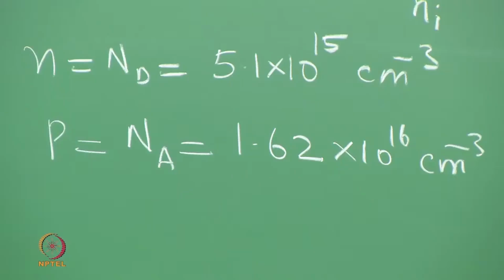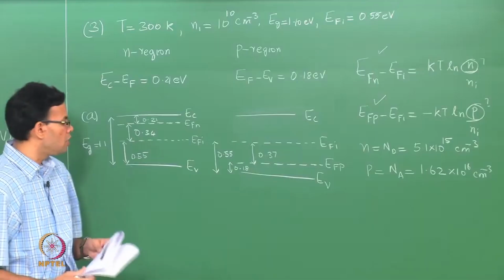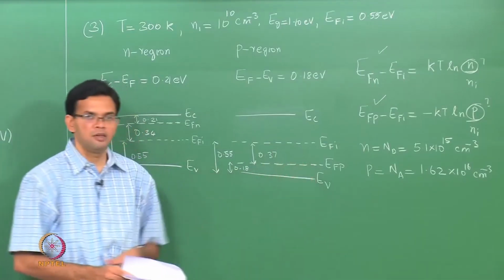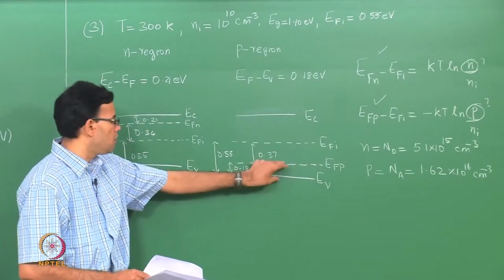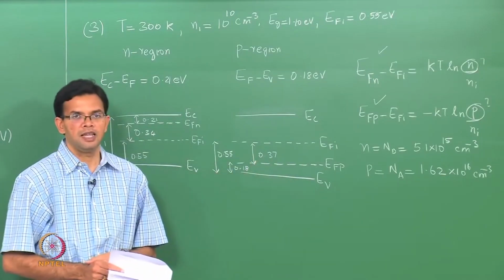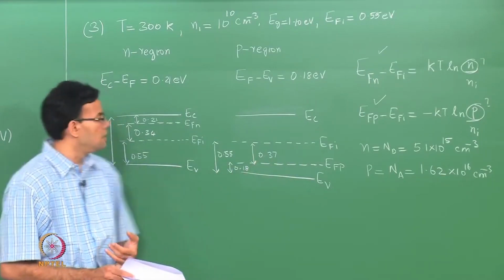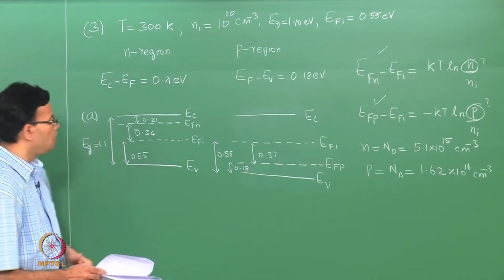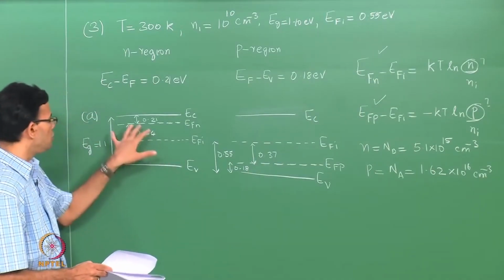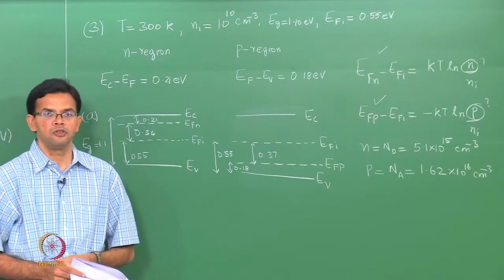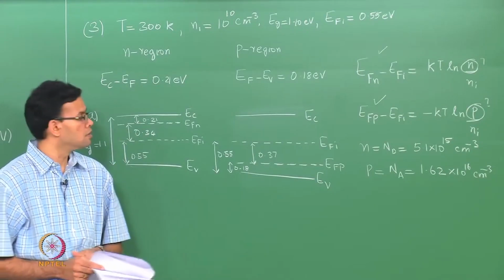So, even without doing the numbers, we could have predicted that Na will be higher than Nd, simply because the Fermi level on the p side is closer to the valence band, it is only 0.18 compared to the Fermi level on the n side, which is 0.21 electron volts below the conduction band.